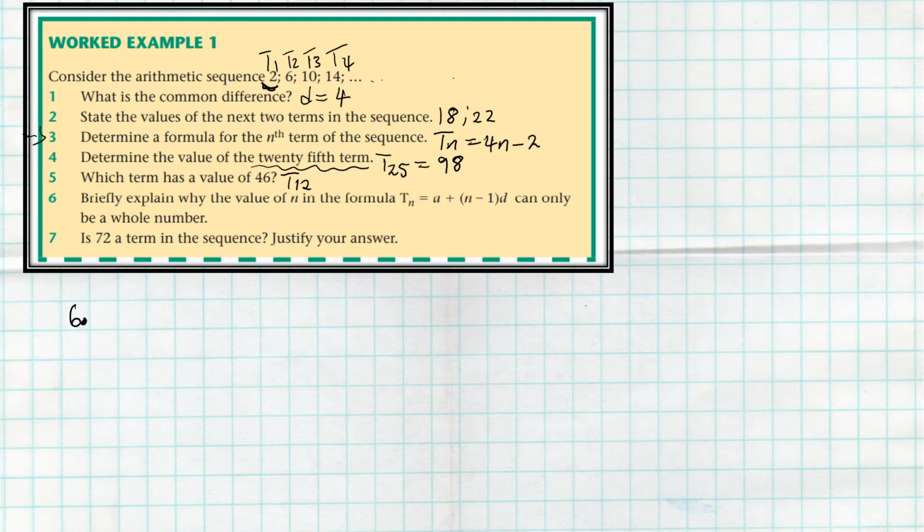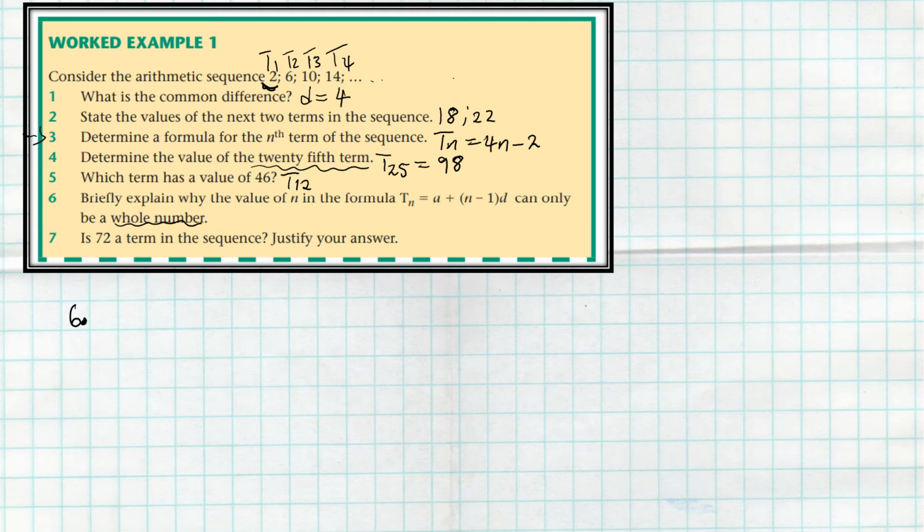Let's now go to number 6. They say briefly explain why the value of n in the formula Tn equals a plus n minus 1 d can only be a whole number. Why is it that n can only be a whole number? It cannot be any integer like minus 1 or minus 2, or any fraction.